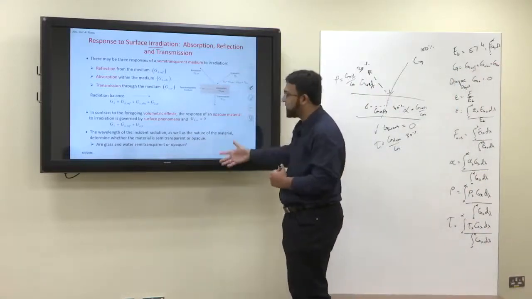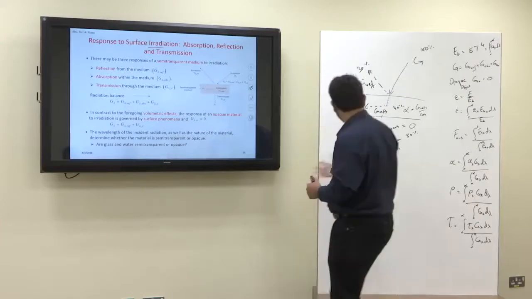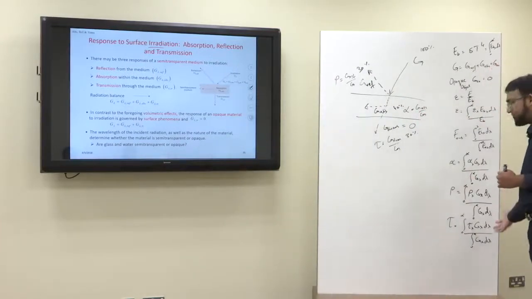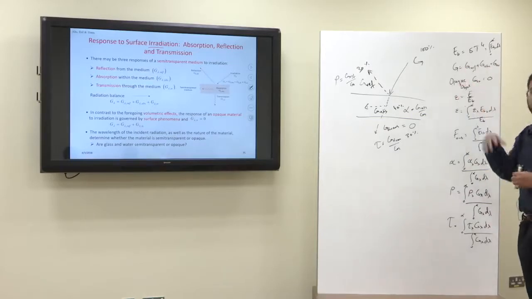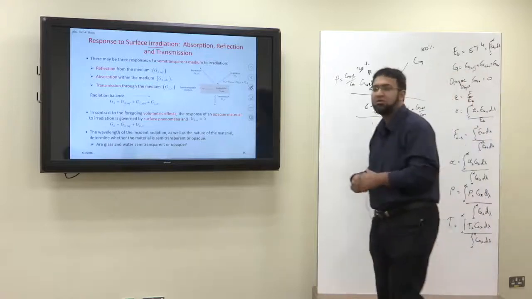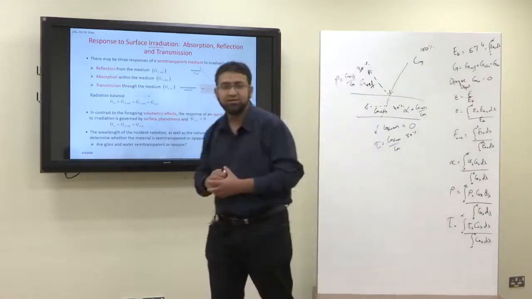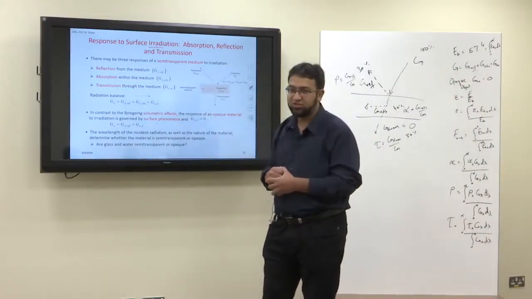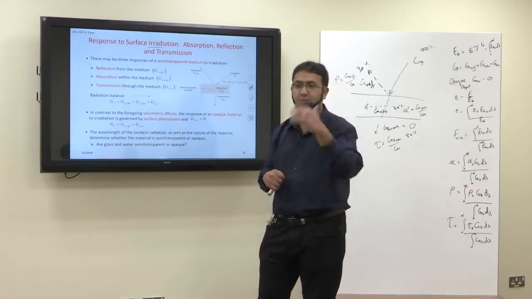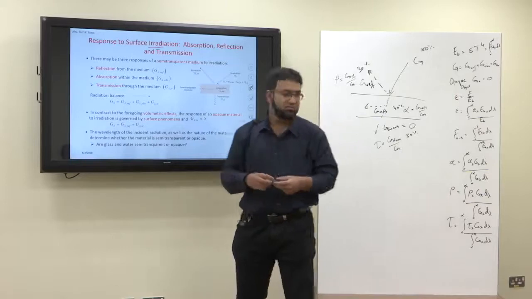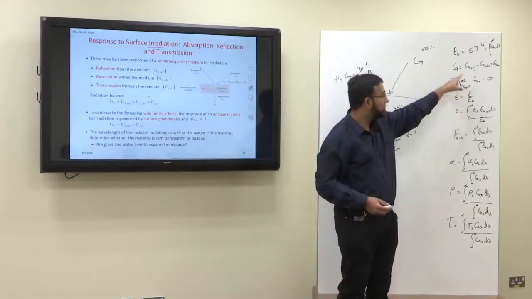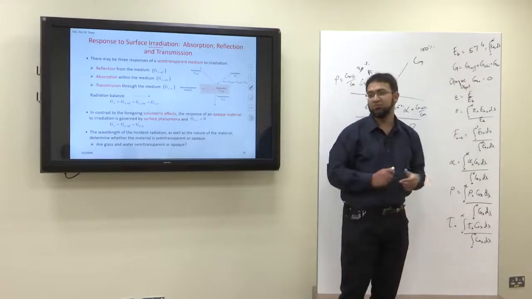That's what is there on this page. This is important. All this information which I have written here is important, and I could ask something from it in the short questions. For example, if I ask you to write down the equation for incoming irradiation for an opaque surface, the equation will be this, but G transmitted will be 0.